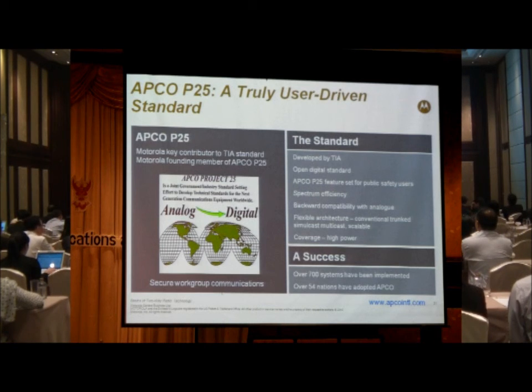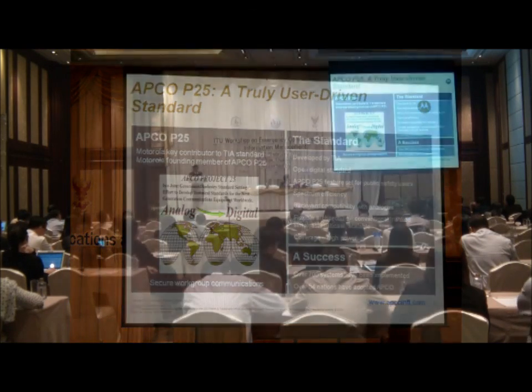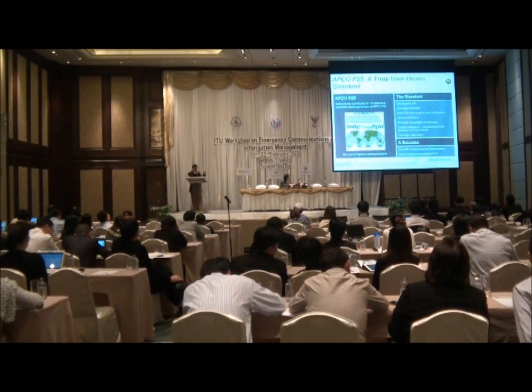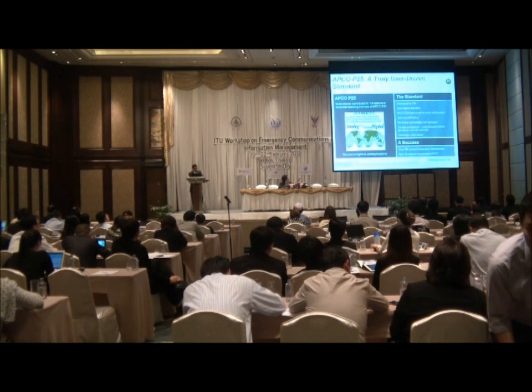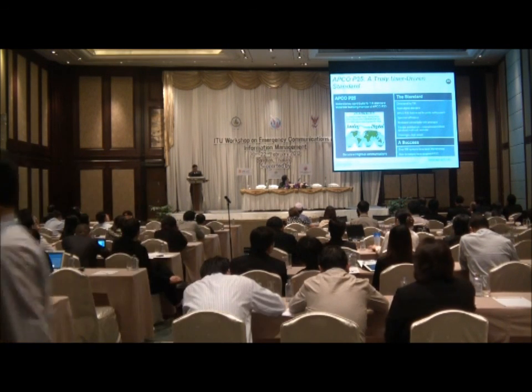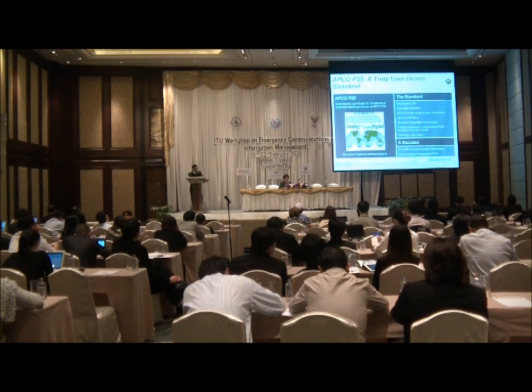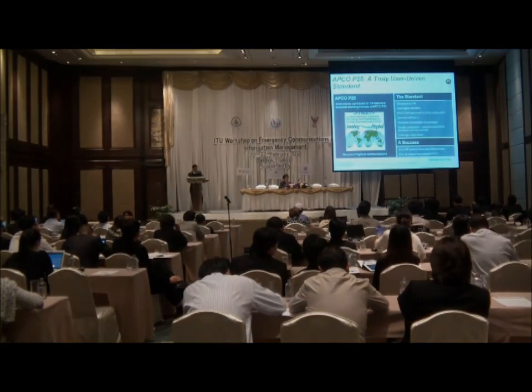It has a very flexible architecture, and two features make it different from TETRA: it can go to high power, while TETRA is still limited in power. Many systems have been deployed, and I think over 50 countries in the world use the P25 standard.